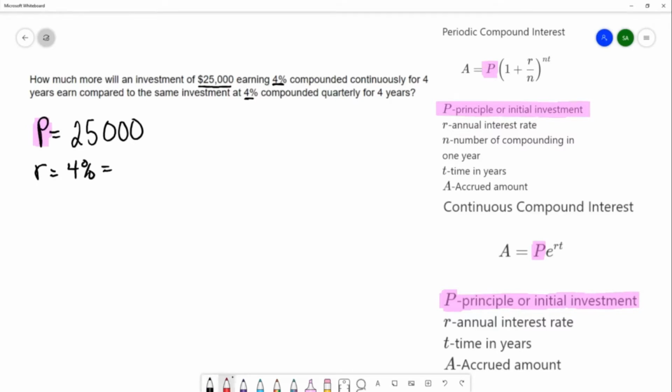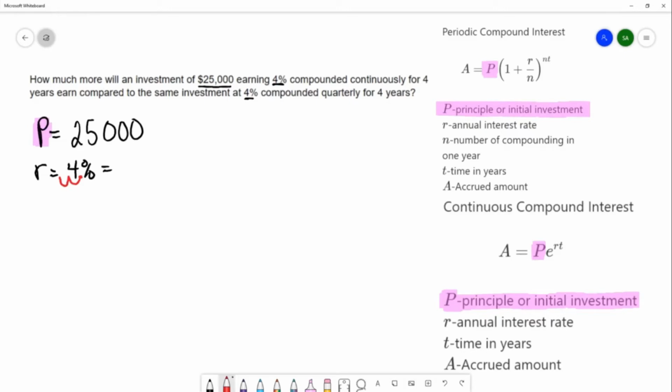A percent means per 100, so we move the decimal place 2 places to the left, which is 2 powers of 10, or 100.